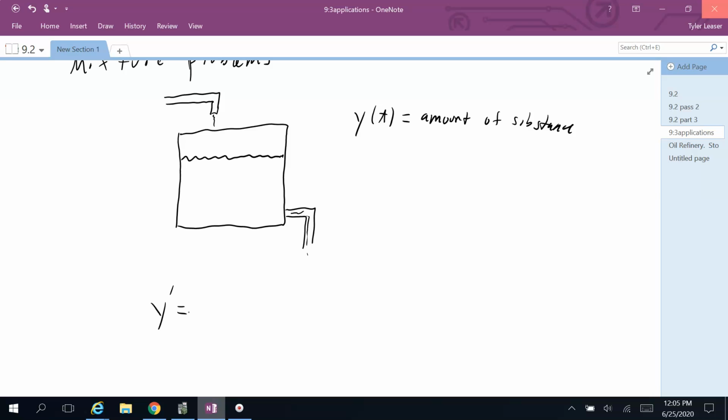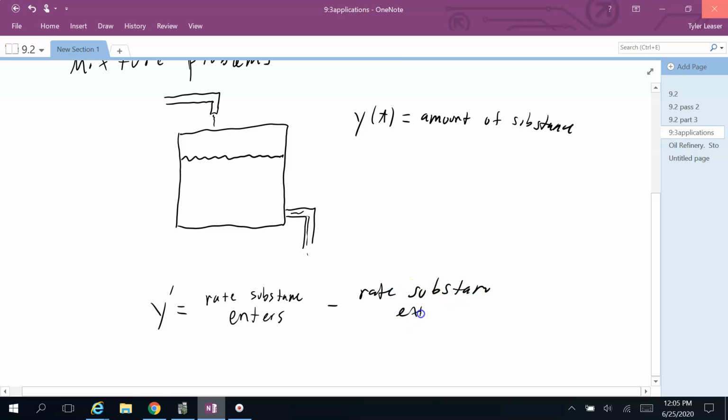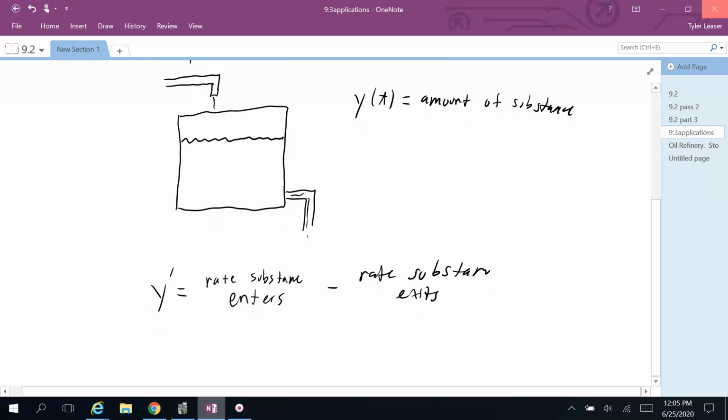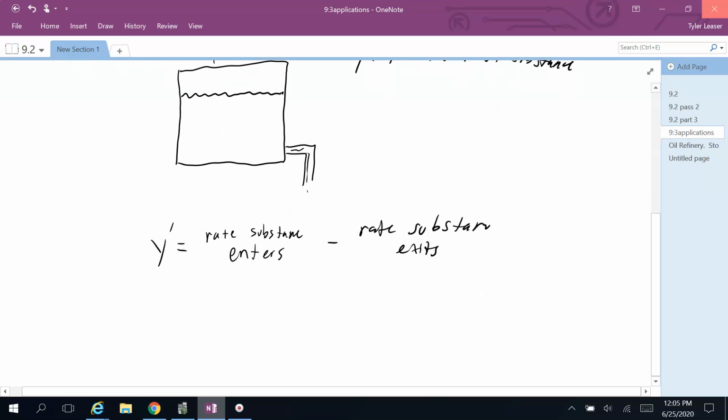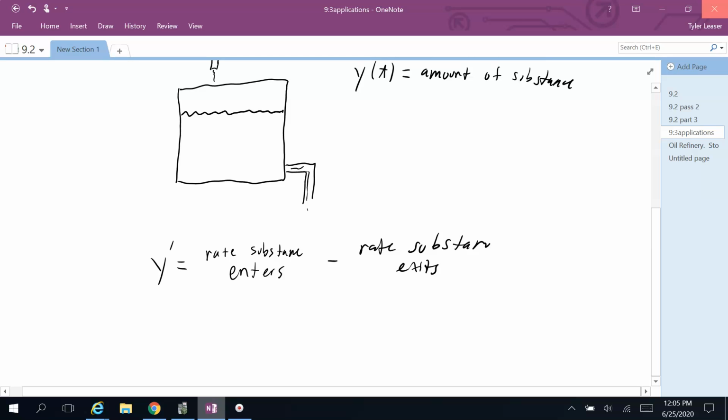In words, this is going to be the rate the substance enters minus the rate the substance exits. So this is going to be the change in the overall amount of whatever the substance is.